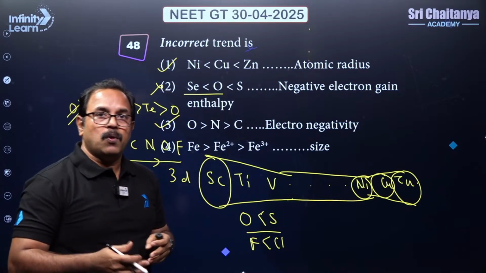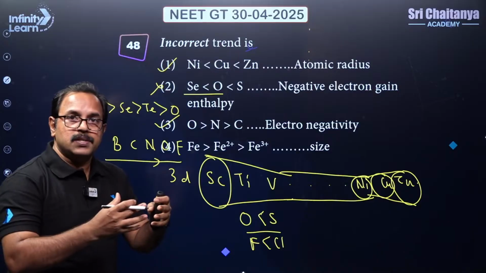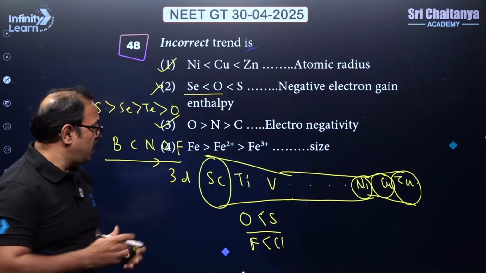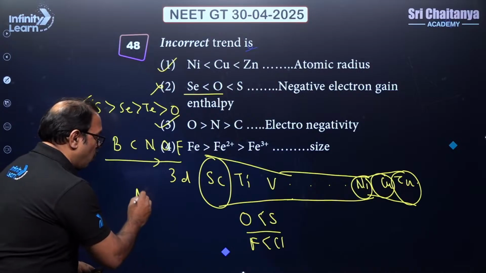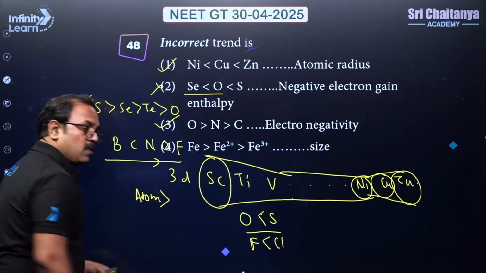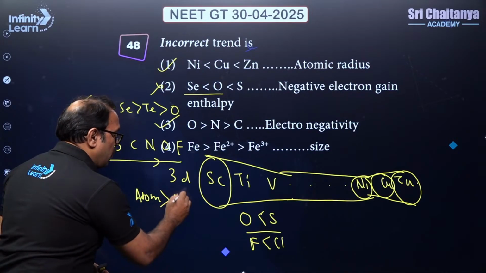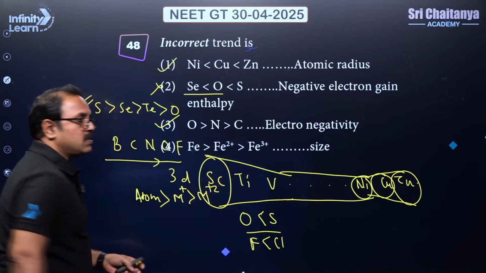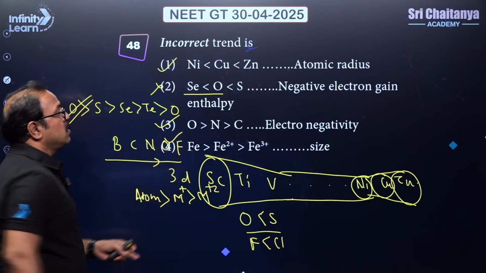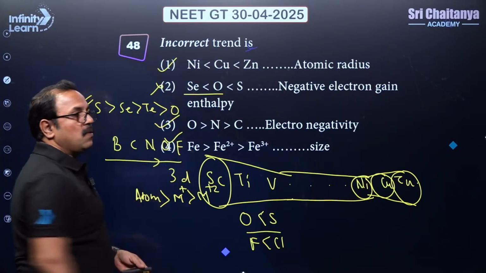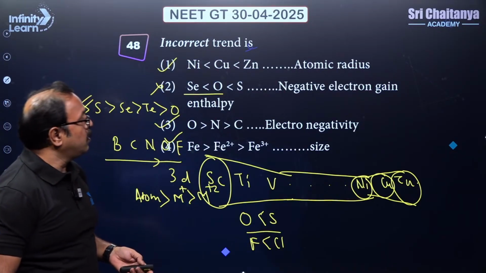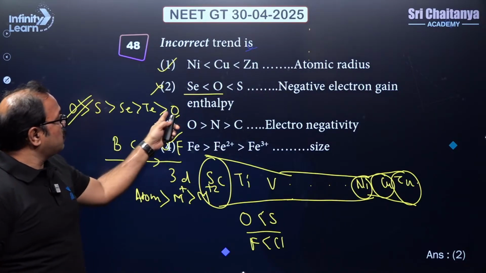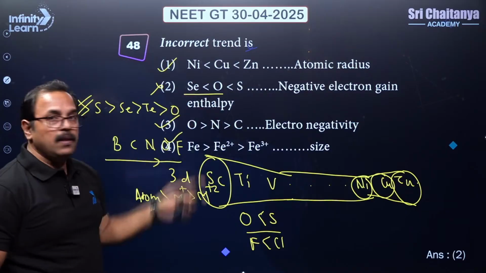As electrons keep on being lost, the nuclear charge increases and it will pull the remaining electron cloud inside. So an atom will always have more size when compared to its cation, and the greater the charge on the cation, the lesser its size. Therefore this is also right. So which is incorrect? That is the second one. You should be able to understand this part. There is a difference: I told you oxygen is lowest, but it's not higher than selenium.